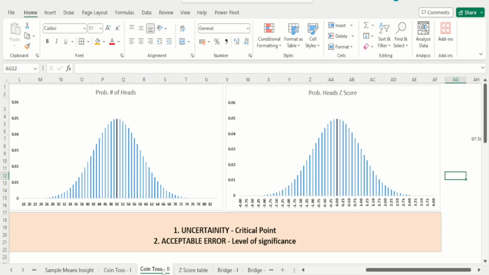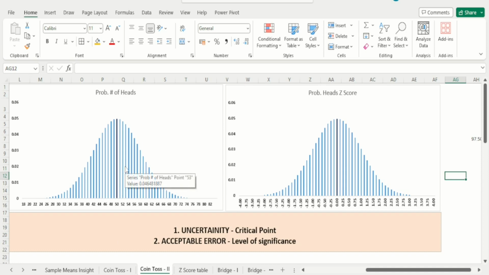Not always going to be the case. There'll be some variance. Some will give you more than 50 and some less than 50, which is okay, but it's centered around getting 50 heads, and that's what you see in the graph on the left hand side.